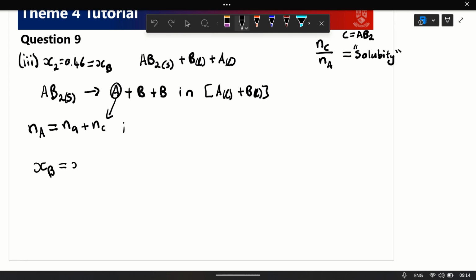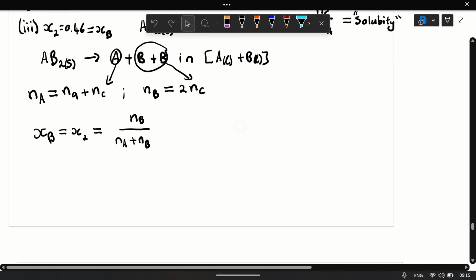And then to calculate xb, which is in this case equal to x2, we're going to need the moles of B as well, right? Because that is equal to Nb over Na plus Nb. So what is the number of moles of B? Well, the number of moles of B is equal to twice that of Nc, because for every 1 mole of AB2, there's 2 Bs that will come from the dissociation.